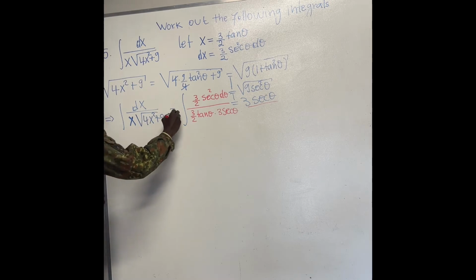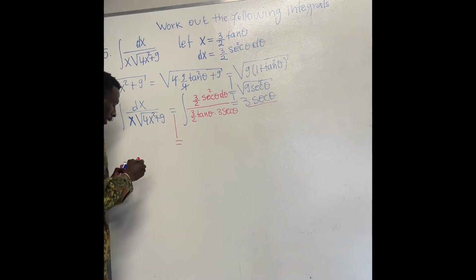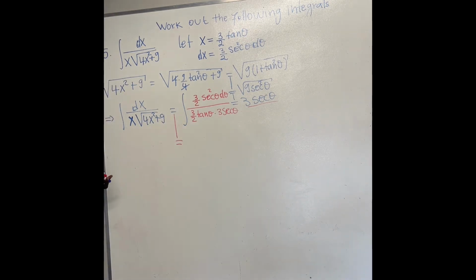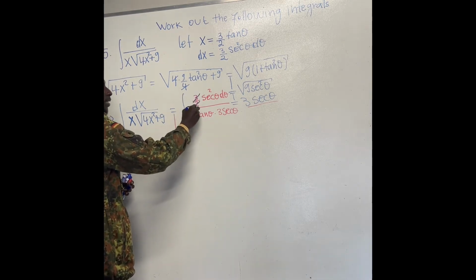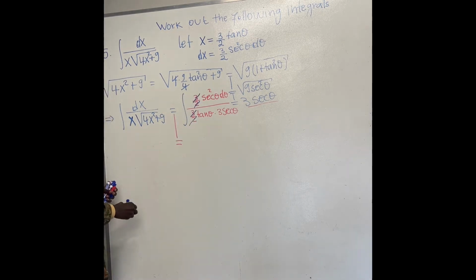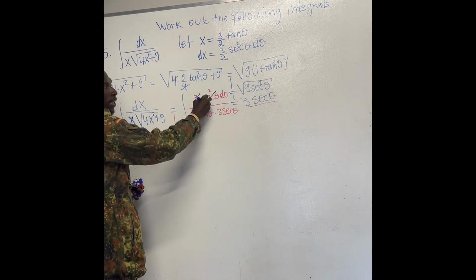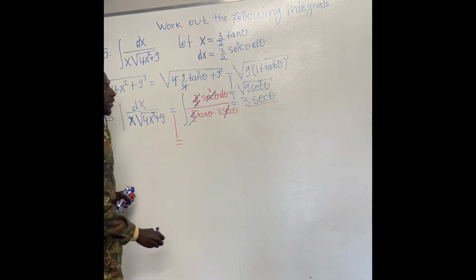So let's now solve that integration. Guys, what should we do there? We know these numbers are dividing the same, so they're going to cancel. We can cancel this, and this can also cancel. We can cancel one sec, and then also cancel another sec.